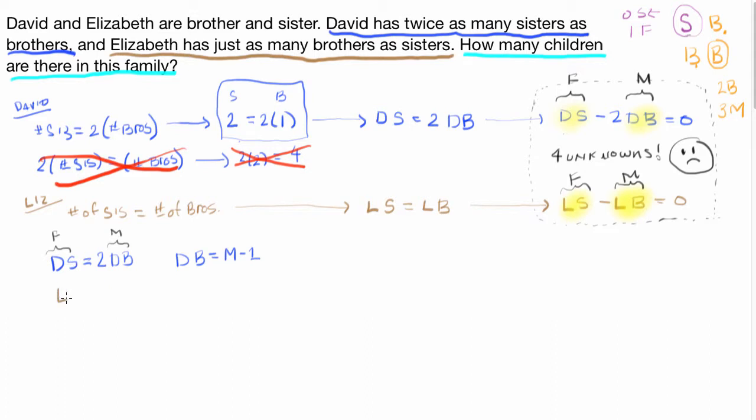Now, LS equals LB. Here we're saying that Liz's sisters is exactly the same as females minus 1, using exactly the same logic as up here.